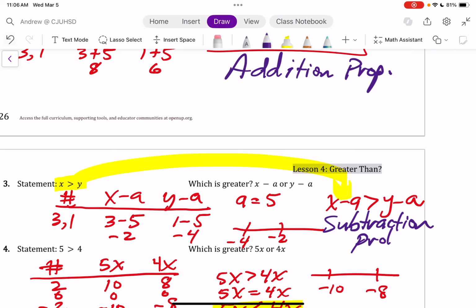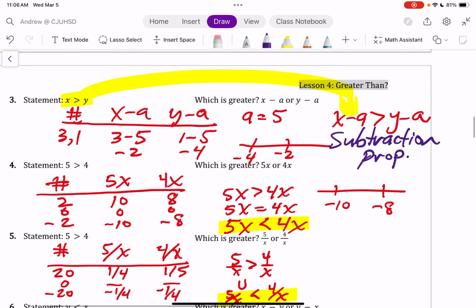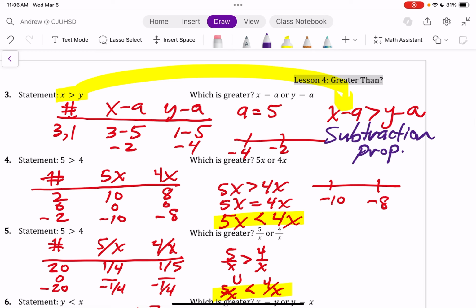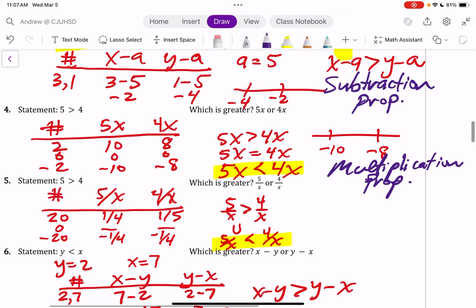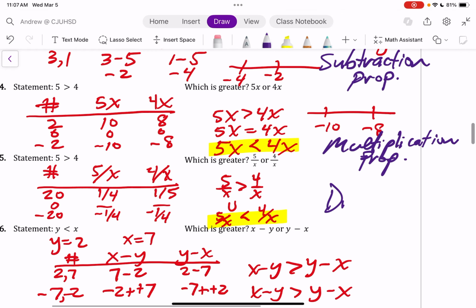Prop with a P, property. Number 4 is the multiplication property. And finally, division property.